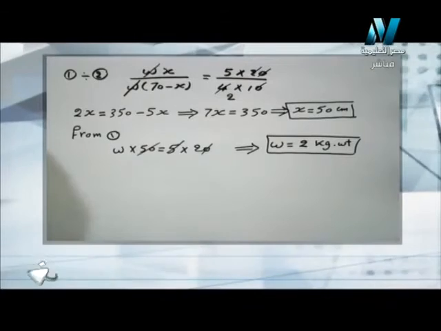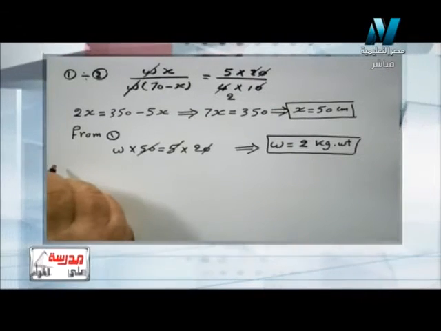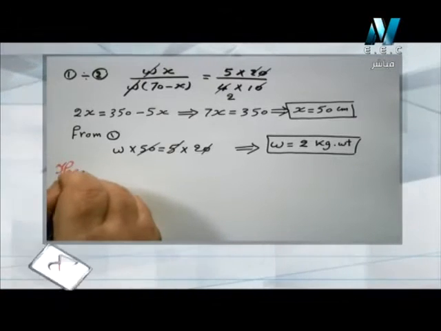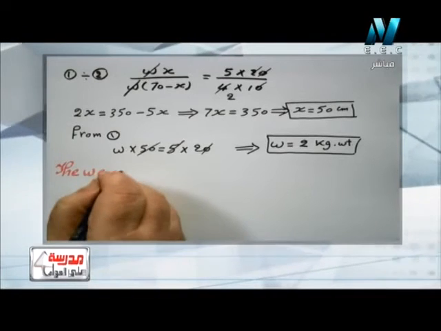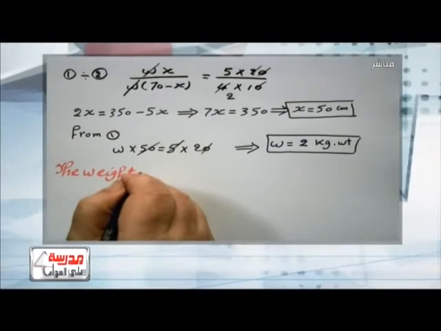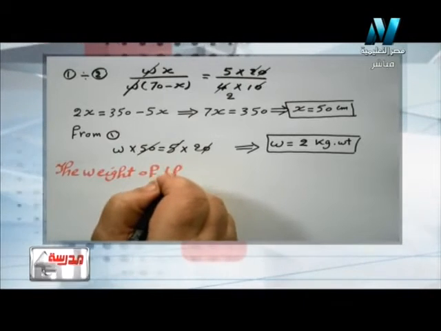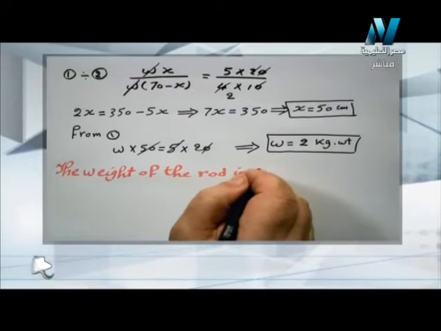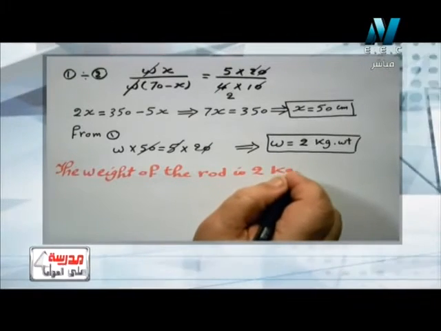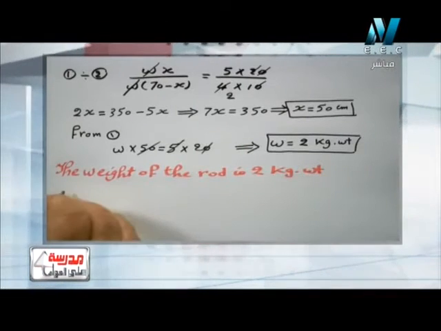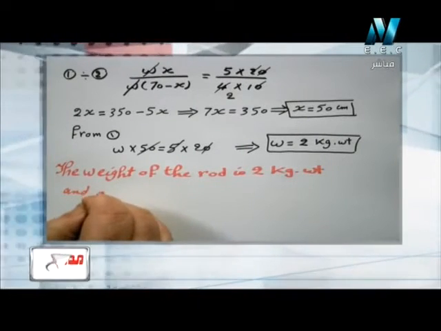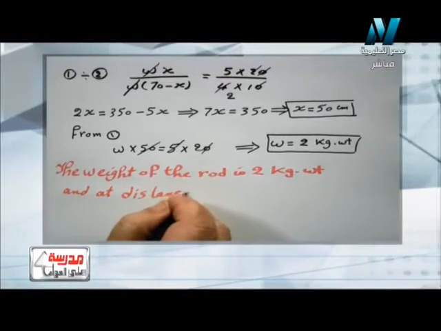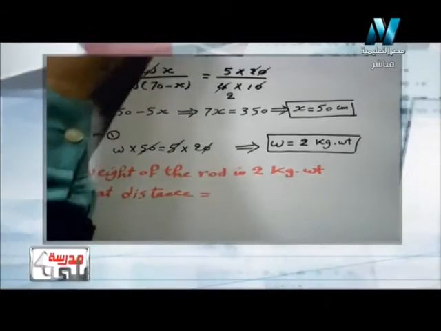Now the conclusion: the weight of the rod is 2 kilogram weight, and at distance equals what?